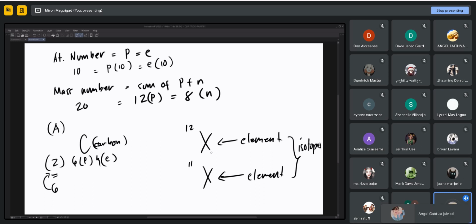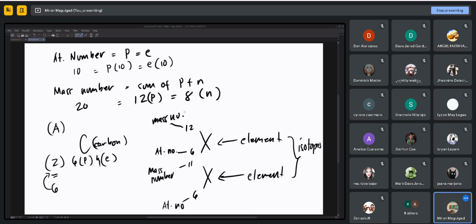Okay, sir, parehas lang po sila. Pero let's say 6 to, then same 6. This is the atomic number, and this is the mass number.